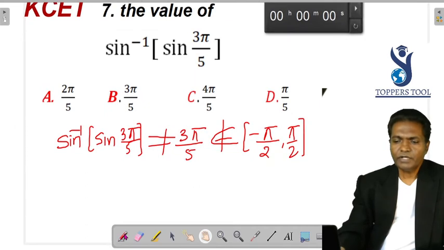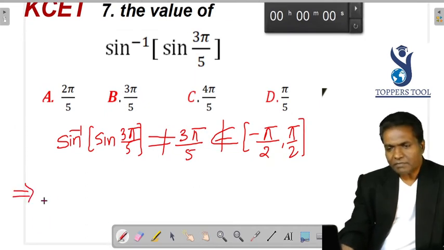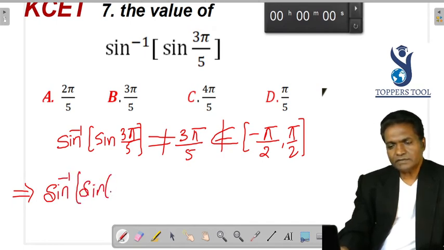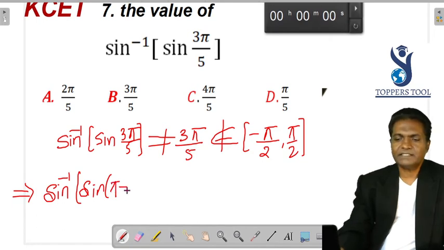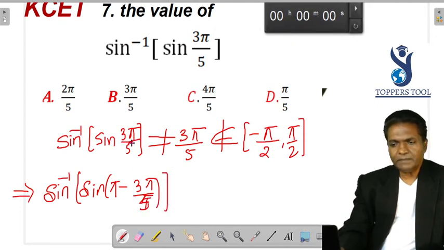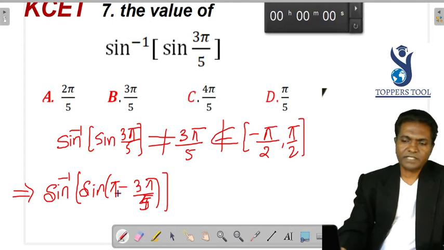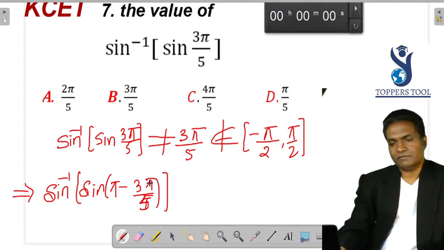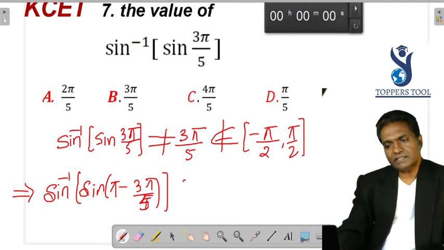So you need to convert in some other way. As we know that sine of pi minus theta is sine theta, I write this sine 3 pi by 5 in this form, sine of pi minus 3 pi by 5. I am not splitting it, but converting this using this.